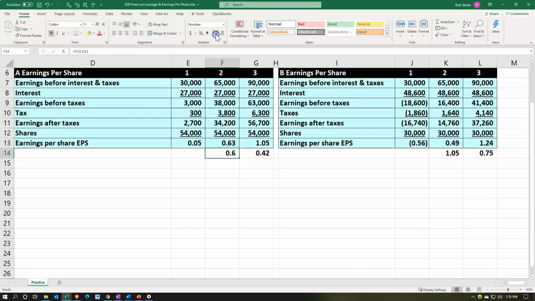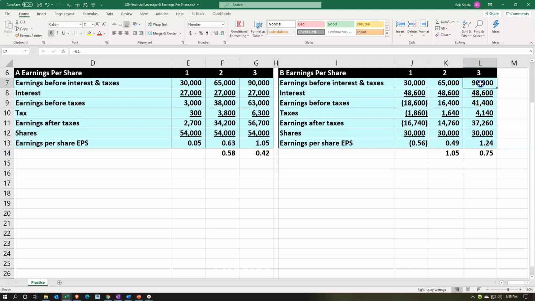And once again, in a period of increasing times, earnings going up, the returns on assets going up, or the earnings before interest and taxes going up, you can see that we have this kind of, you can think, I guess, like a multiplier effect going up at a higher rate than it is over here. You can think of it the same way as if you saw the decline.